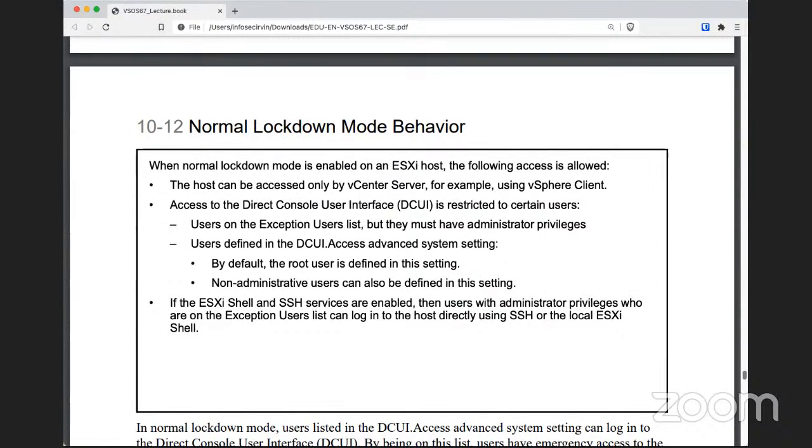The direct console user interface that you normally get when connecting a monitor to the ESXi box is restricted only to users in the exception list and those who have DCUI access. Everyone else is kicked out. If you have the shell or SSH enabled, only the admins can log in.